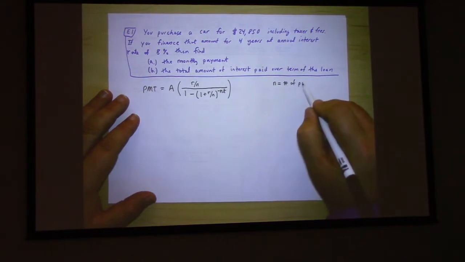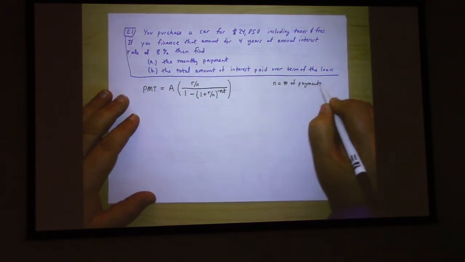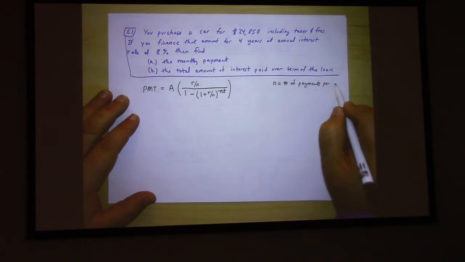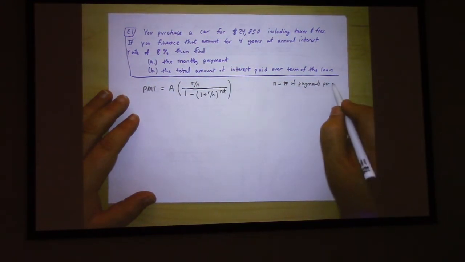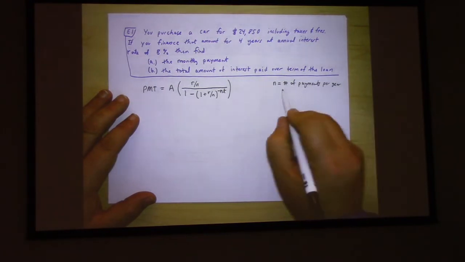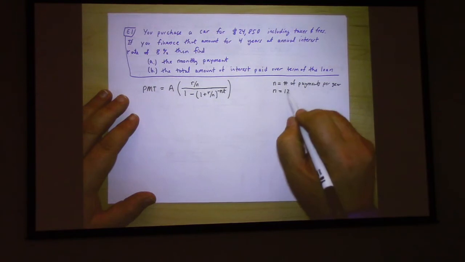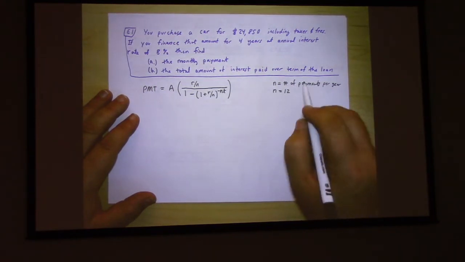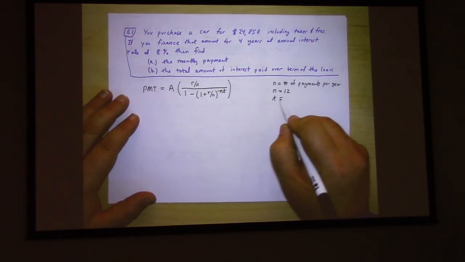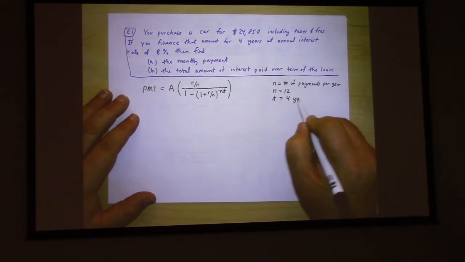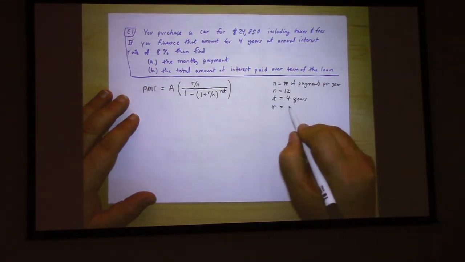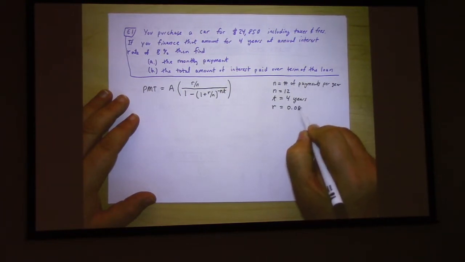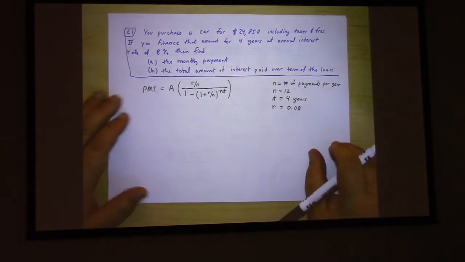I think it's 12, right? We're assuming monthly payments, because it says monthly payment. So N equals 12. T is equal to 4 years. The rate is 0.08, and I think that's all we need.